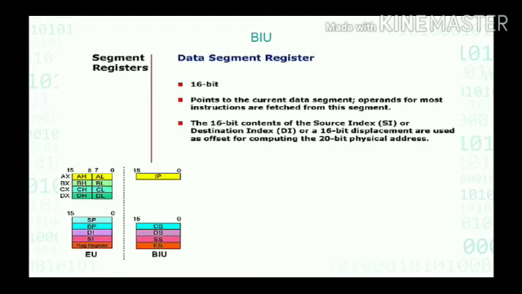Operands for most instructions are fetched from this segment. The 16-bit contents of the source index, which is SI, or destination index, DI, or a 16-bit displacement are used as offset for computing the 20-bit physical address.